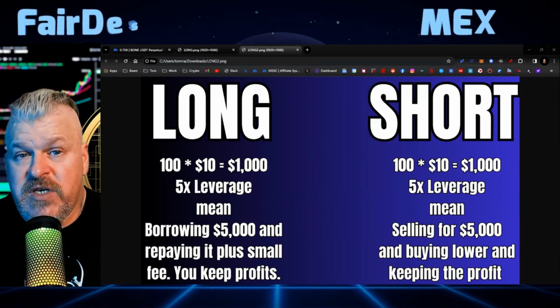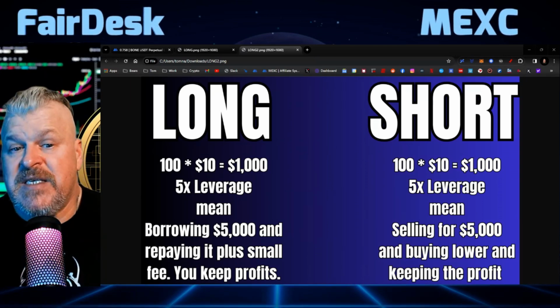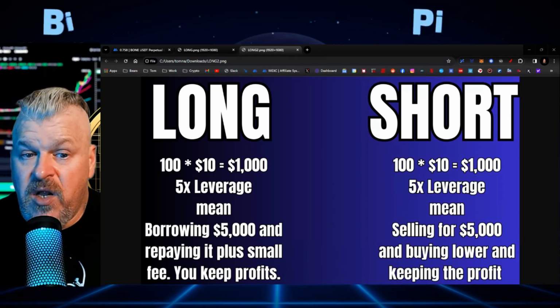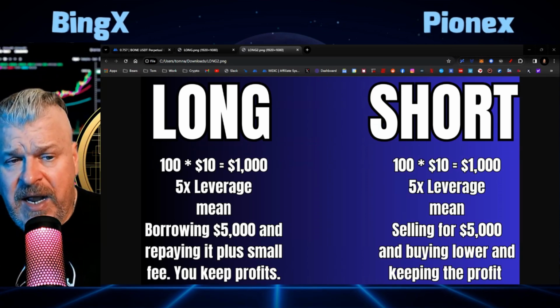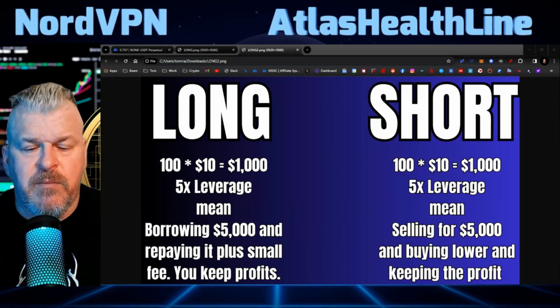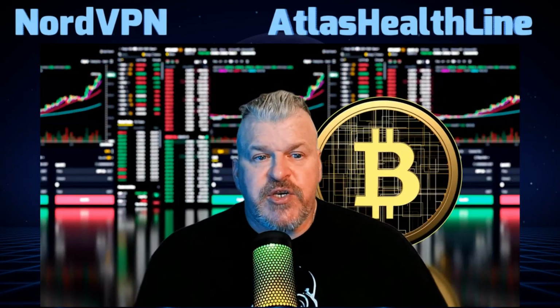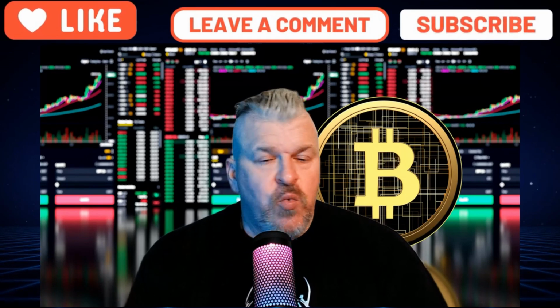And with 5x leverage, that means that it's going to be $4,500. So you've made $500 the same way as if it had gone to 11 on a long, 9 on a short. So you're still making the same $500. The question always is, and it never changes, can you make the right determination on which direction it's going to go? If you make that determination, then you will always win.